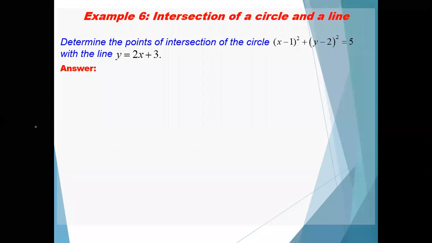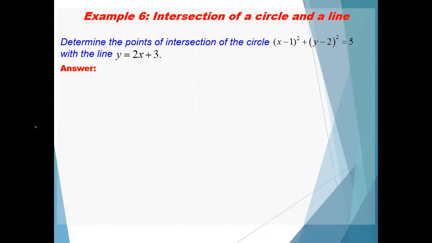Okay, so determine the points of intersection of the circle x minus 1 squared plus y minus 2 squared is equal to 5, and the line y is equal to 2x plus 3. So you have a line, for the line you have y.